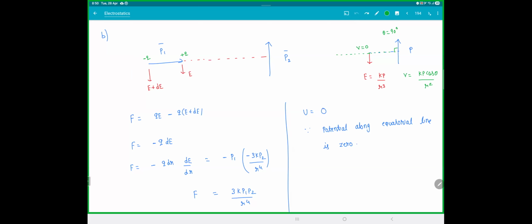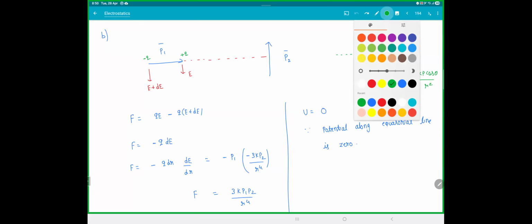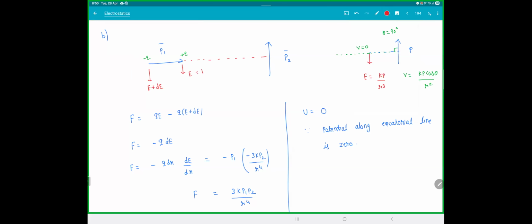You take one, find the field due to it on the other, and multiply by that charge, isn't it? I hope that was clear. So this E is the field due to dipole 2. You should definitely try this again. So that's one way to handle this.